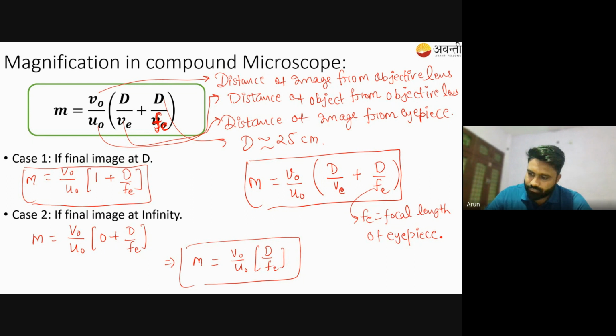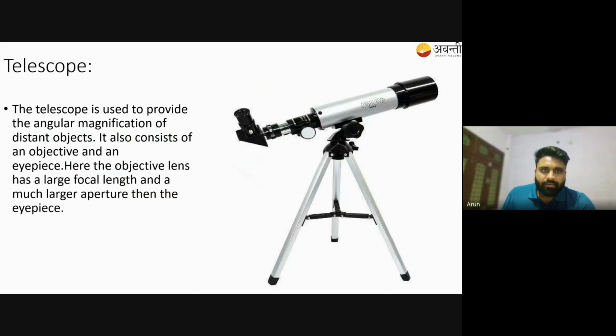Now, this is our telescope. We use a telescope to observe astronomical objects like meteoroids, asteroids, planets, and moons.